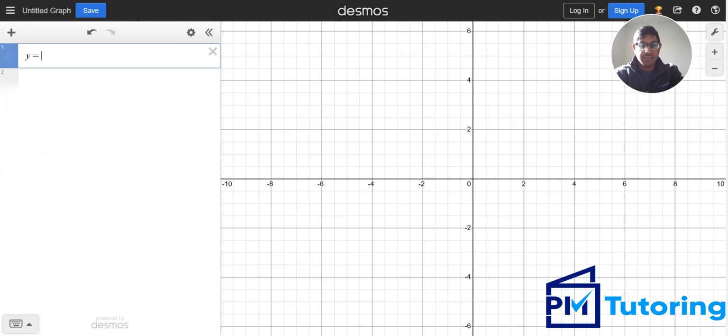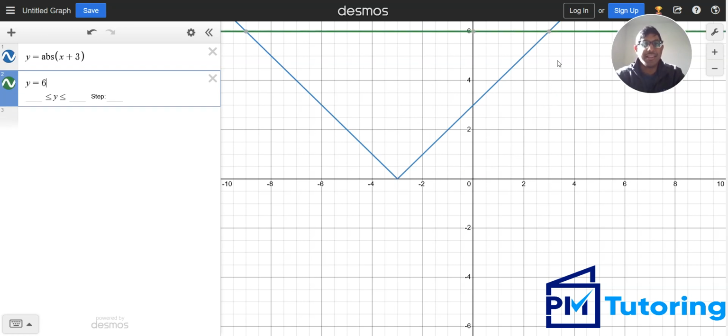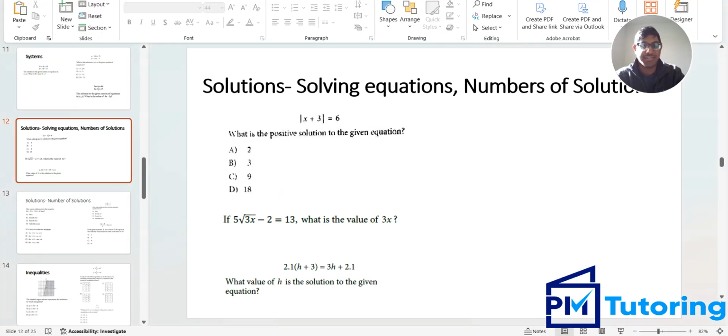So y equals the absolute value of x plus 3, and that's our graph over there. And then we have y equals 6. So that's the line. And it wanted the positive solution, so we look for the positive solution, which is 3 comma 6, and we were being asked for x, right? So x is going to be 3.